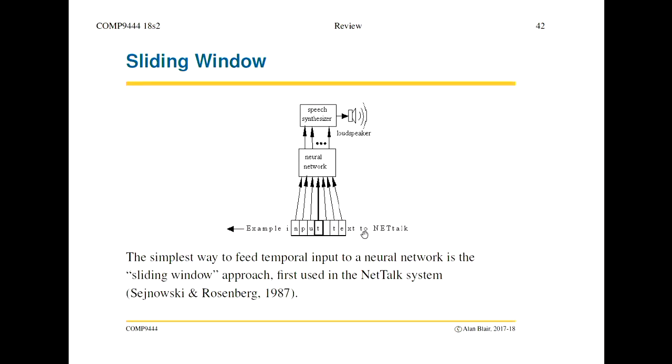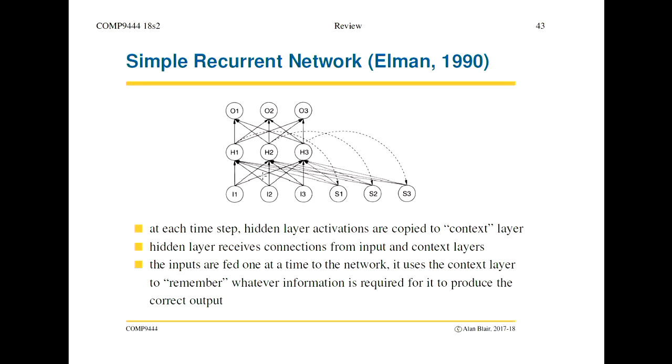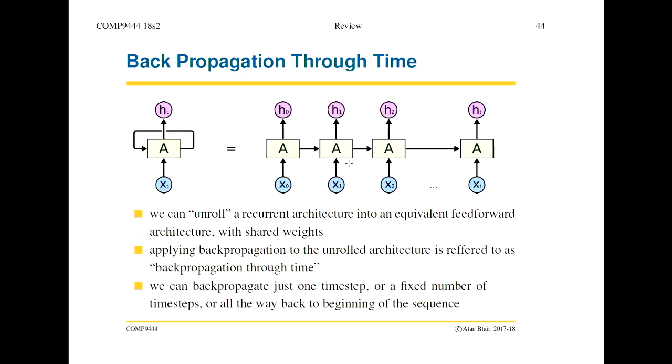We looked at the NetTalk system from 1987, where you could only see 7 characters at a time. And then this simple recurrent network where the hidden nodes are copied to the context nodes at each time step. This can be trained through backpropagation through time, where you unroll the recurrent structure to make a longer feed-forward structure.